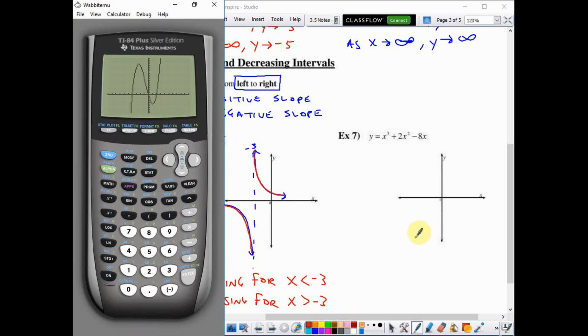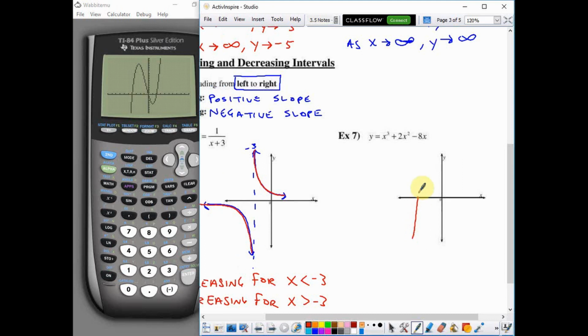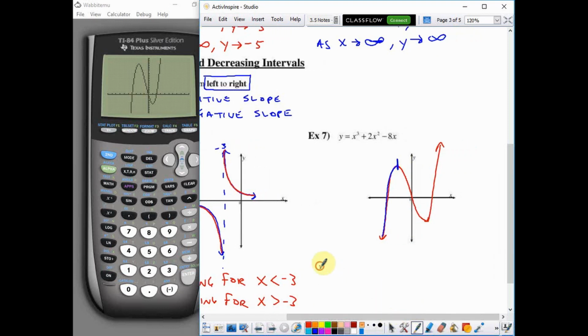So I'm going to put a sketch of that on my notes here. So it looks about like that. For this first interval, as I trace, I'm increasing until I get right here. So my first interval is an increasing interval.